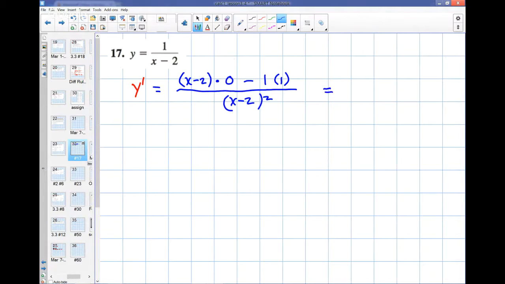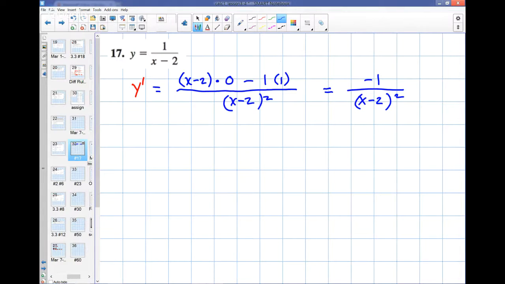So what's left on top here? Just a -1. So that's pretty easy. Pretty easy application of the quotient rule. I'm always going to pause just for a few seconds in case somebody has a comment or a question. So there's one example, number 17.